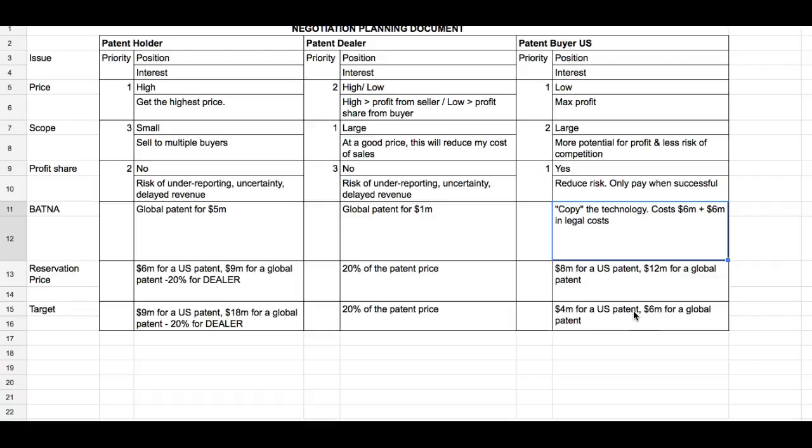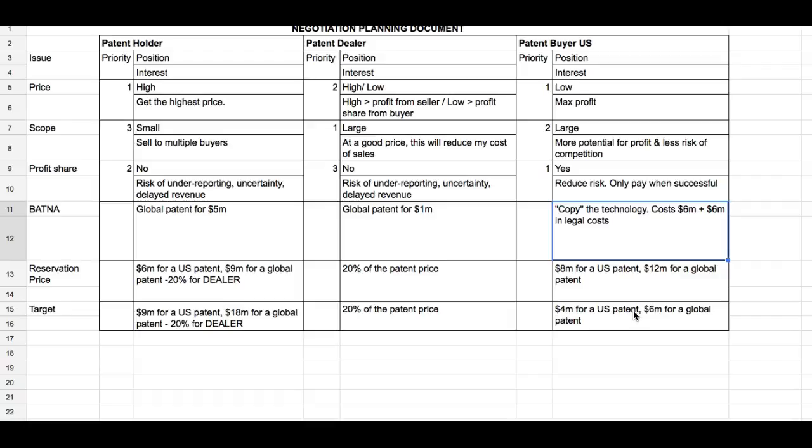How much profit will he make? So it will be in the best interest of the patent holder, because legal cost is something that is irrecoverable, right? It's not going to go anywhere. It's not a benefit. The legal costs of the buyer do not go to the patent holder.